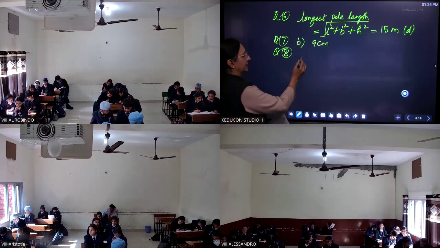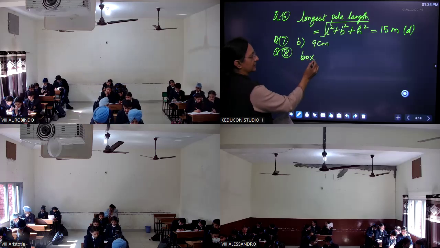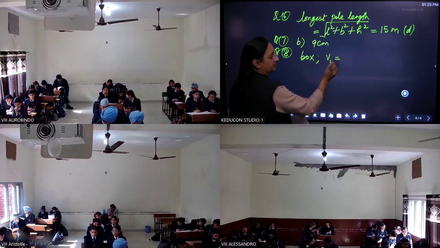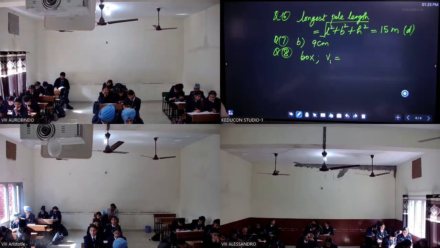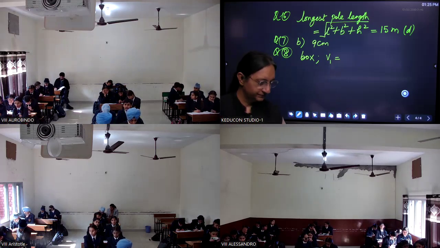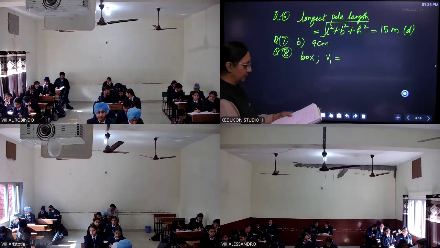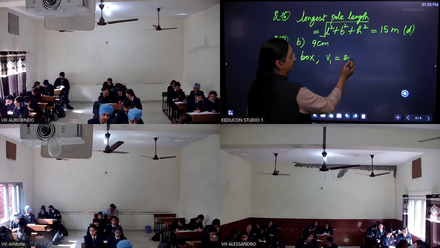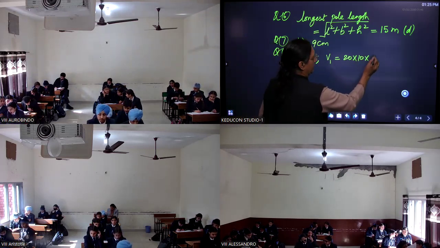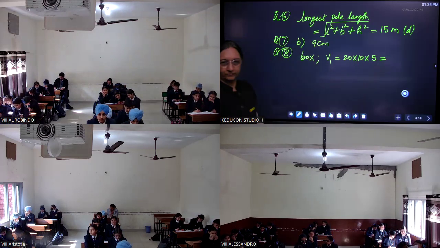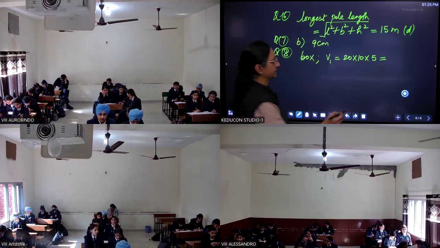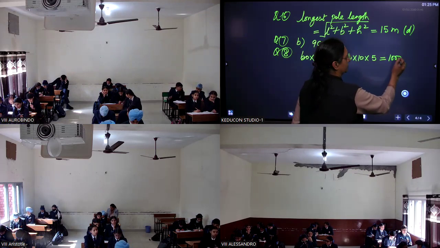250. Yeah, we have box. उसका volume आप निकाल सकते हो. ठीक है? That will be what? Very simple calculation आपको दी हुई है 20 into 10 into 5. Okay. That 1000 centimeter cube, very simple calculation.